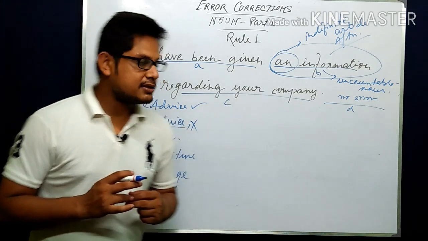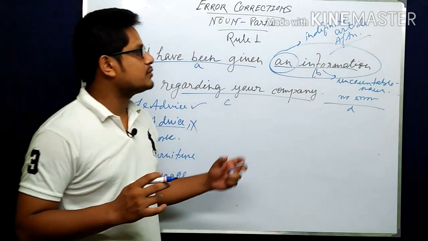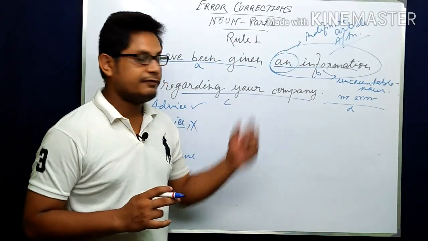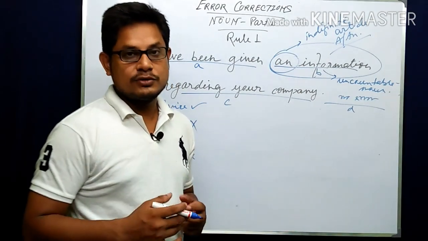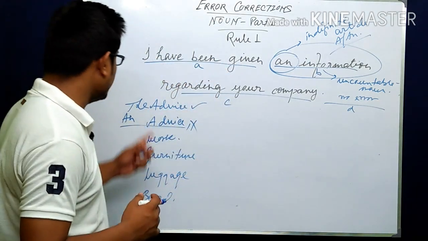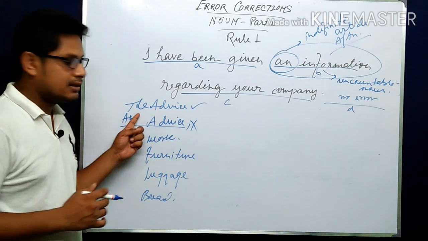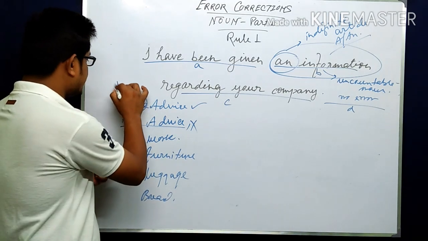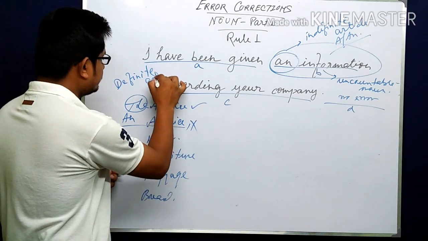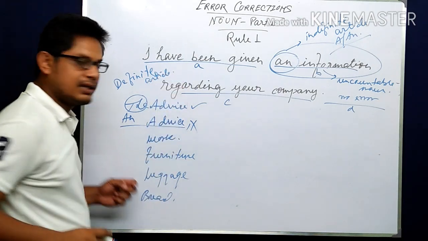The rule is actually that we are not supposed to write any article before an uncountable noun, mainly an indefinite article. But if you really want to use an article before it, then you can use only the. Why the? Because the is a definite article. Clear?